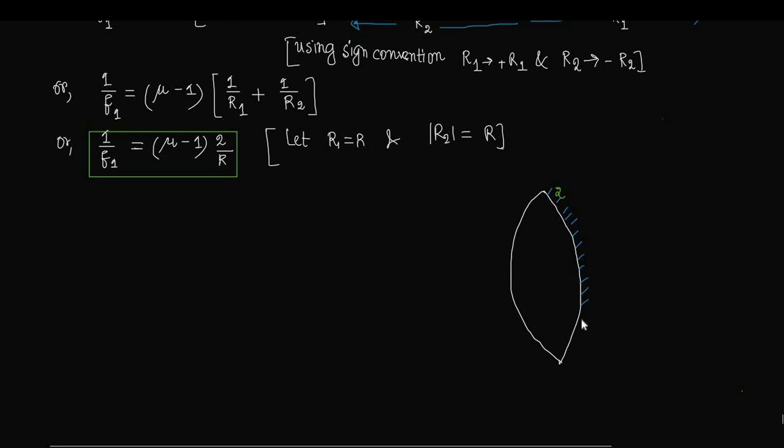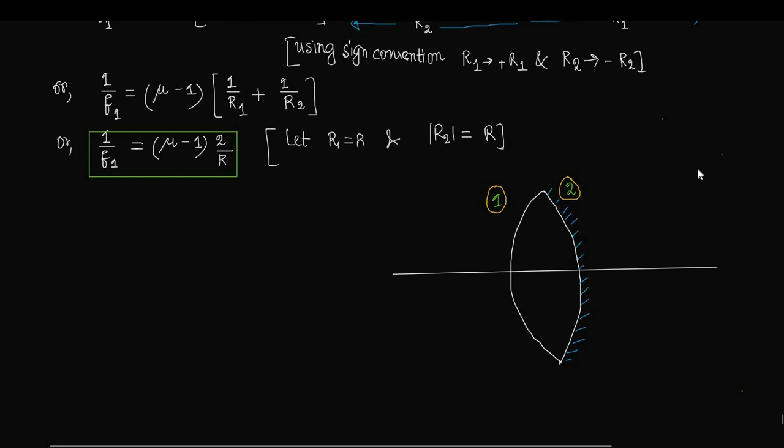Now, the second refracting surface of the convex lens is coated with silver, and this second refracting surface coated with silver behaves as a concave mirror. But the first refracting surface will behave as a refracting surface of a convex lens having focal length f1, where 1 by f1 is equal to mu minus 1 into 2 by r1.